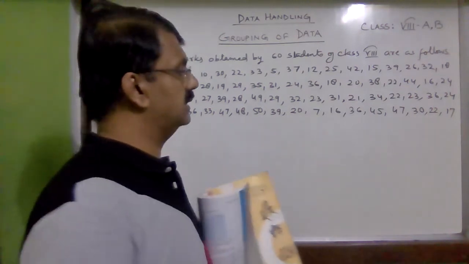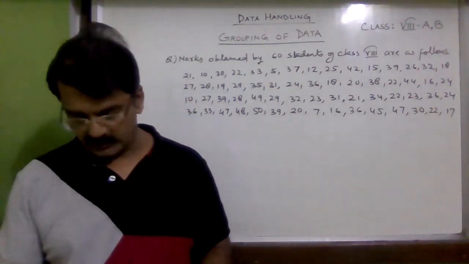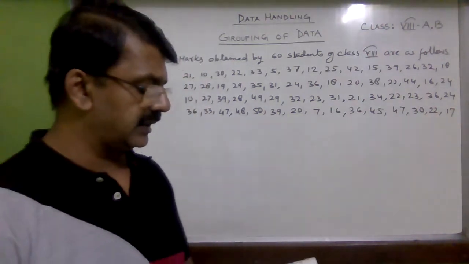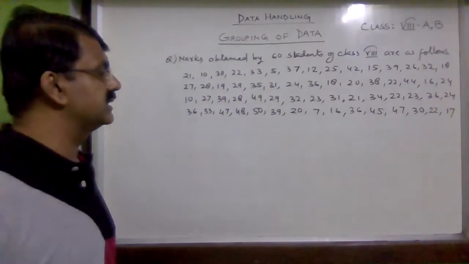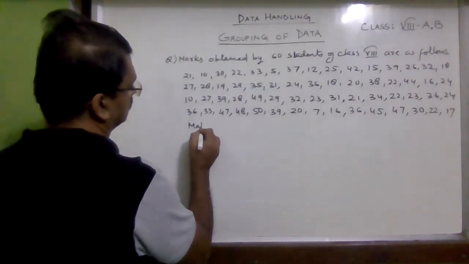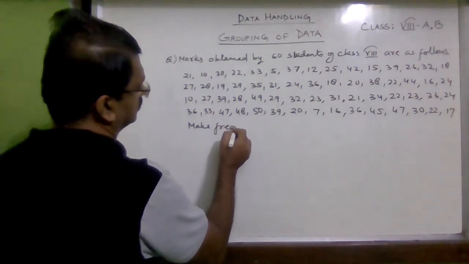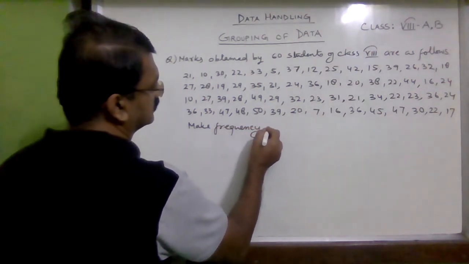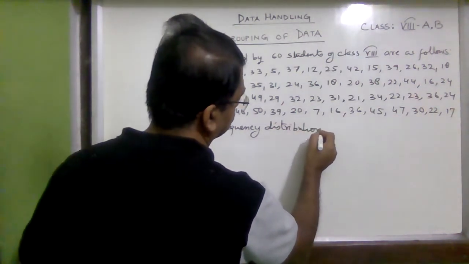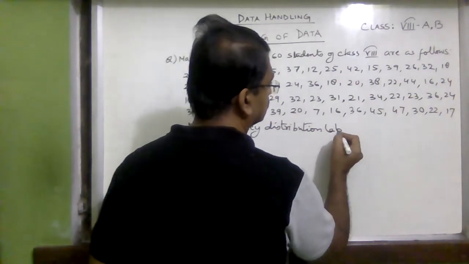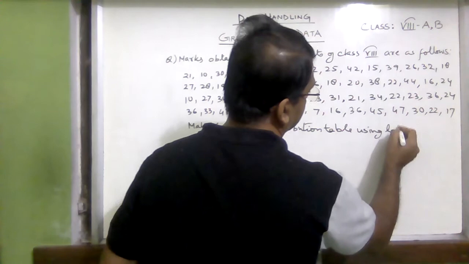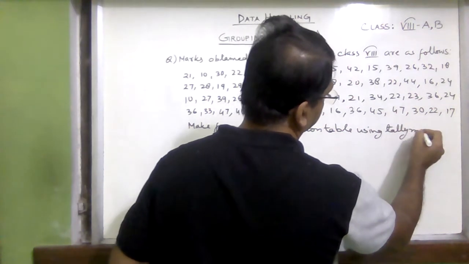So these are the marks obtained by 60 students of a class, and now they are saying you have to make the frequency distribution table using tally marks.